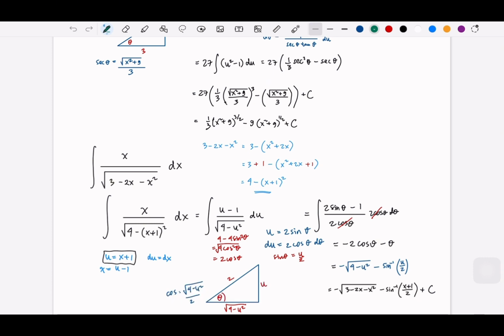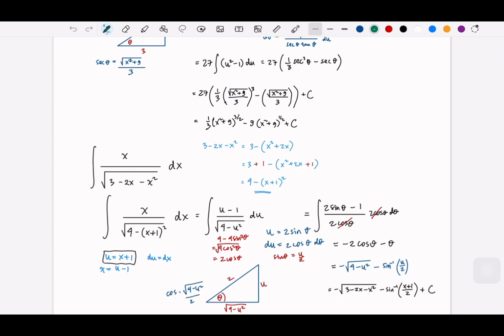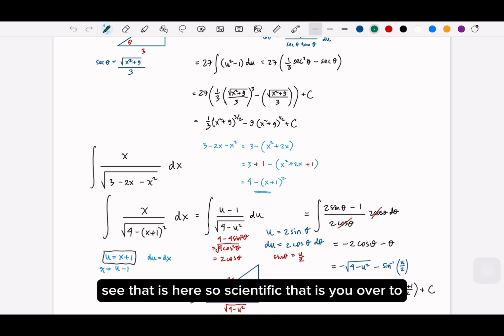So again, we need to go back to x. So from theta, go back to u, go back to x. So here we have a triangle. Theta is here. So sine theta is u over 2.